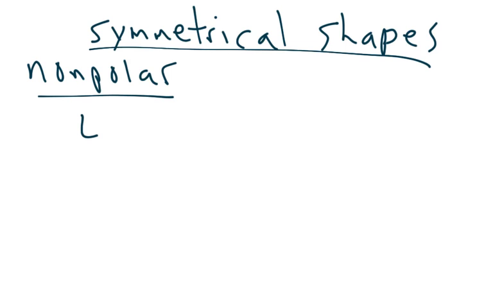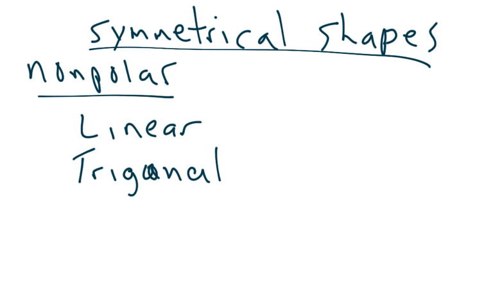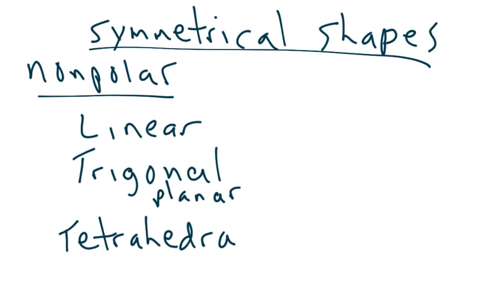And we mentioned linear would be an example, okay? And I'm talking here about the molecular geometries. We mentioned linear, we mentioned trigonal planar. Trigonal planar is another one here, okay? We went on to say also the tetrahedral, as long as all 4 atoms are the same.